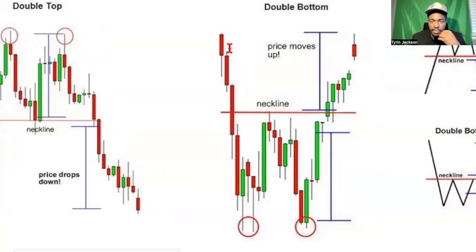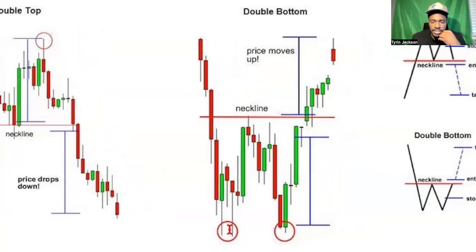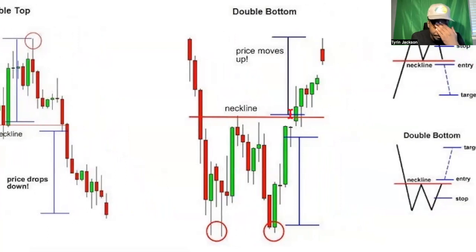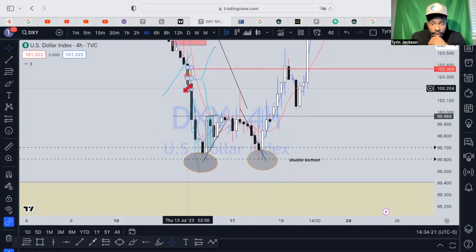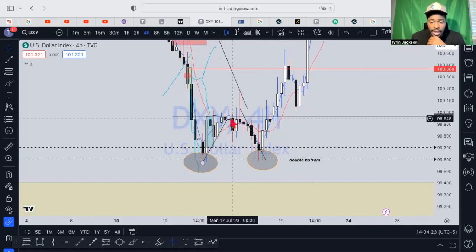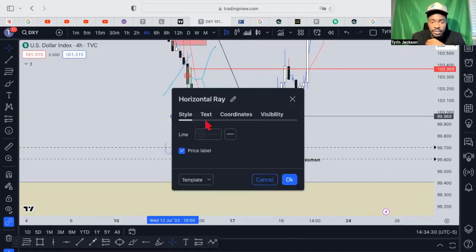Okay. So you see how price sold, got to a level, retested that level, came back down to retest that level, then came up, boom, right? Price came down, it came back up. We had another drop. This is that neckline I was talking about, right?